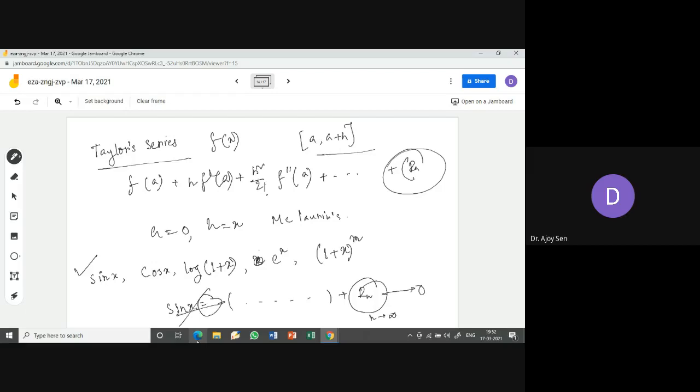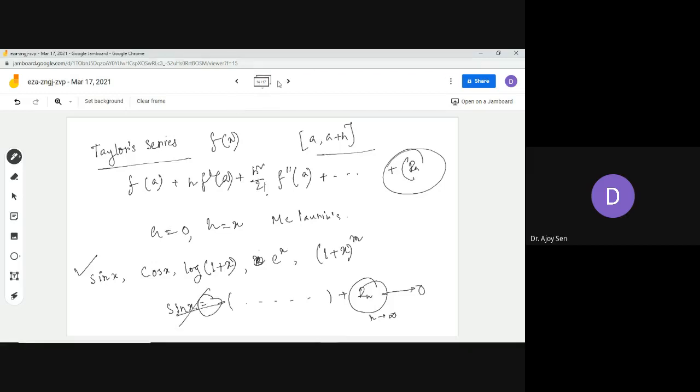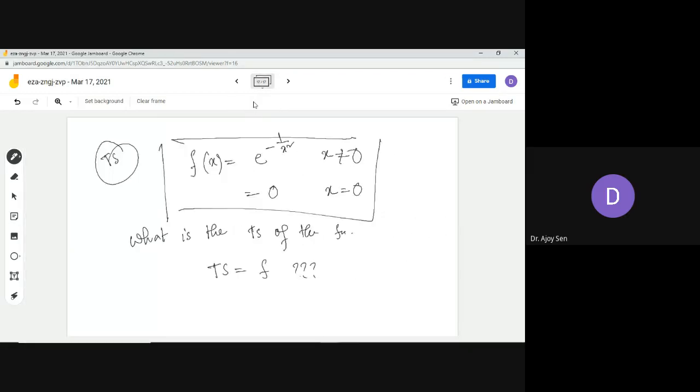So do try this, you must try these 4 or 5 problems, and the last problem which I have talked to you, this is a very interesting problem, and if you read further about Taylor series or Taylor theorem, this is a very interesting and motivating thing. Like a function which has a Taylor series you will get, but the Taylor series will not be equal to the function, you will see.